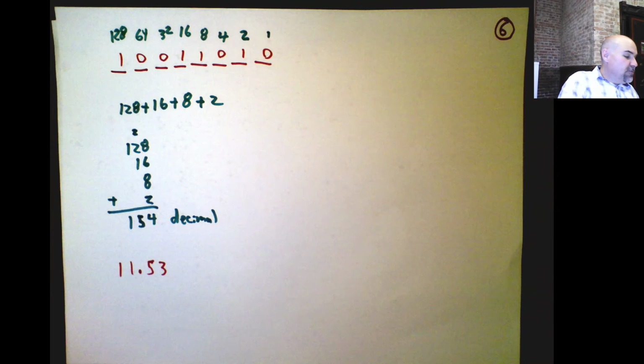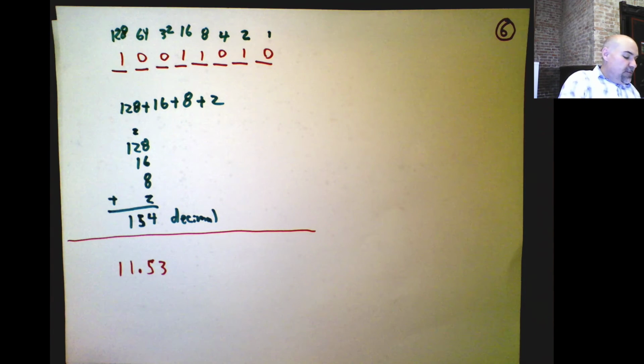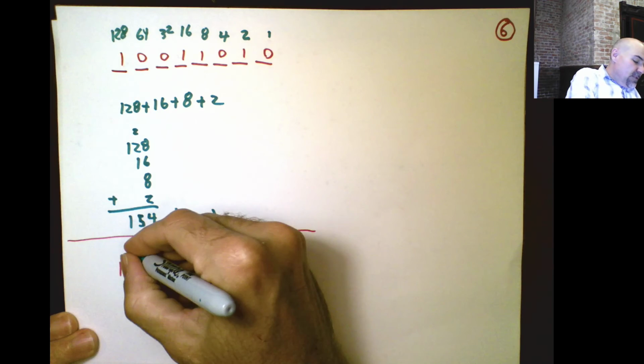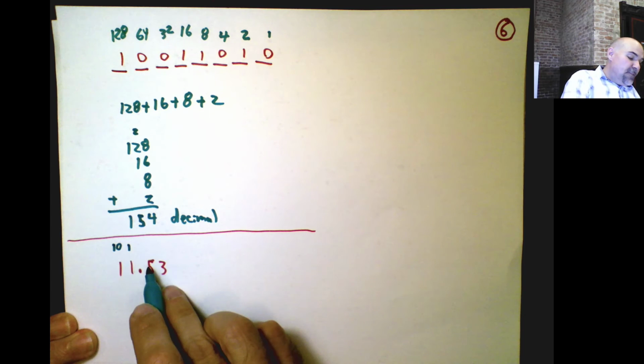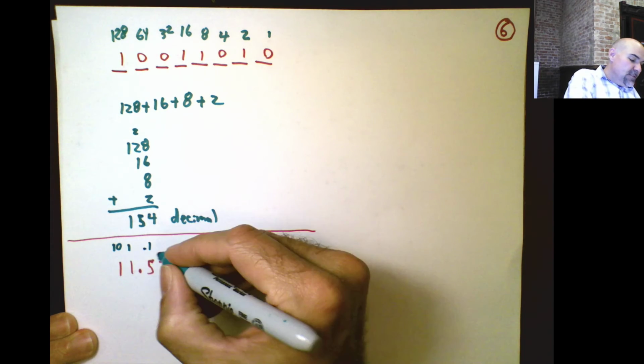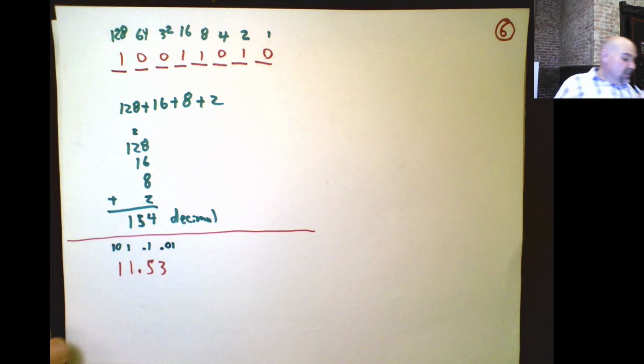So if we were to write the place values for that, let me put a line here showing that this is a different section. Notice that this is the ones place, that's the tens place, but over here, that's the tenths place. That's the 0.1s place. This would be the hundredths place, or 0.01s place.